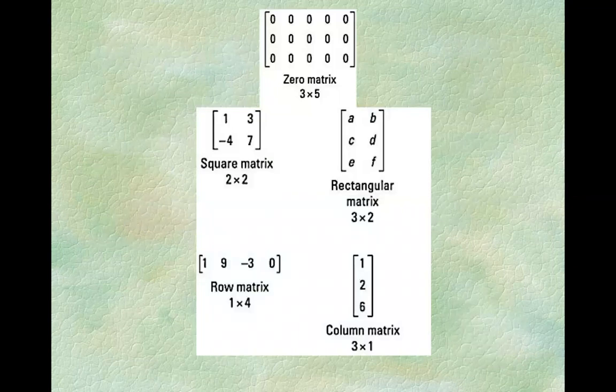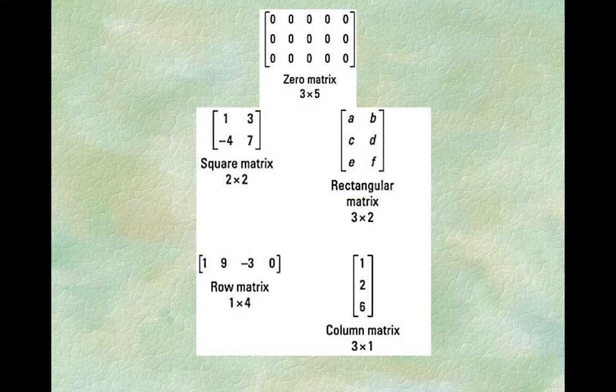And here are some types of matrices. The first one is the zero matrix, where the matrix is all zeros. The square matrix is when the rows are equal to the columns.